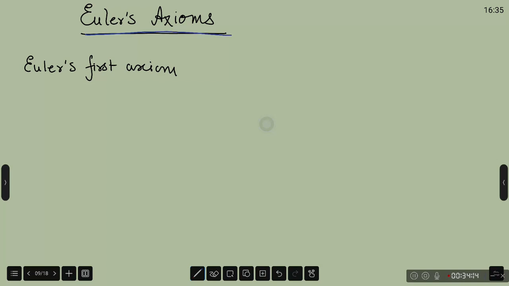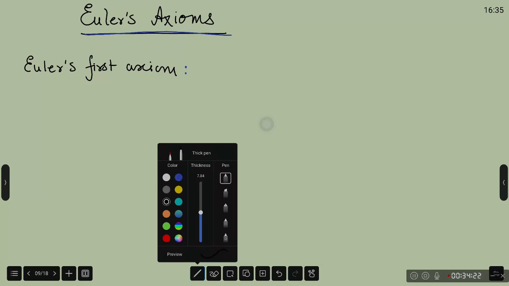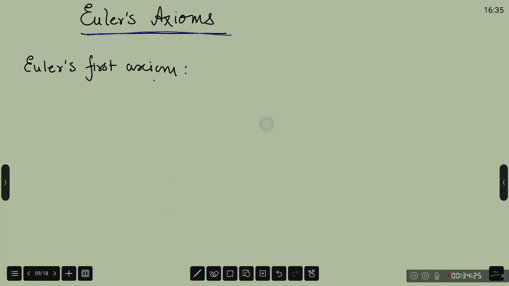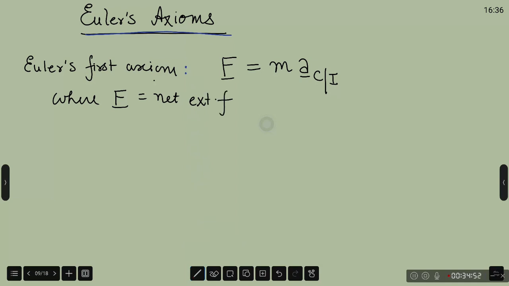The Euler's first axiom, there are two axioms. The first axiom, Euler's first axiom says that, where F is net force, rather net external force acting on the RB.